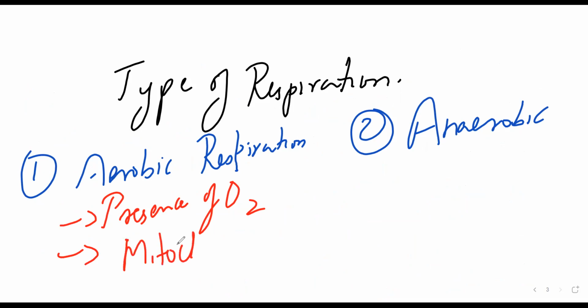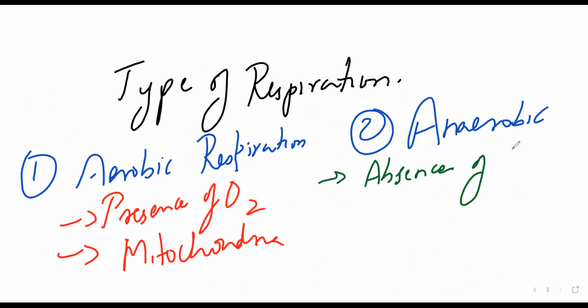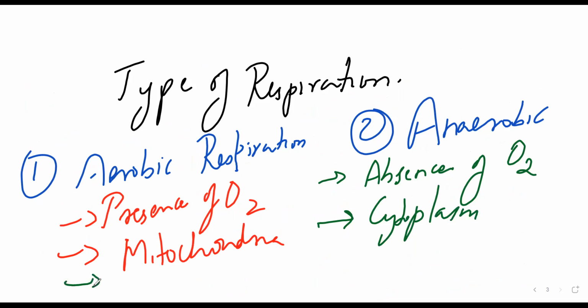Mitochondria. And this case, it is what? Absence of oxygen. Anaerobic. Where it will happen? Cytoplasm. Third one is what? The end product of this is carbon dioxide and water.